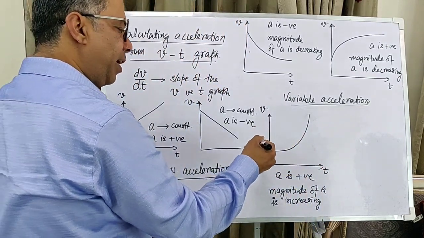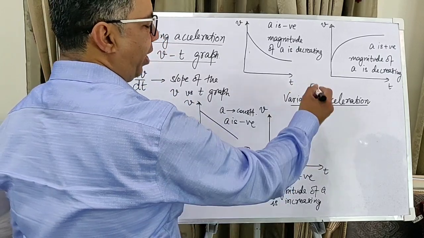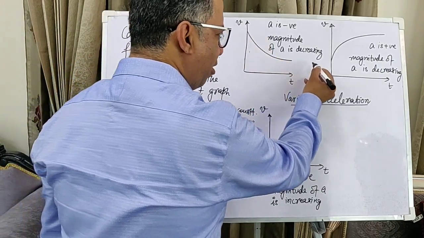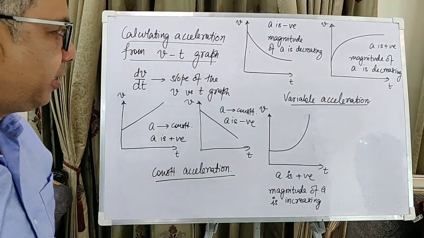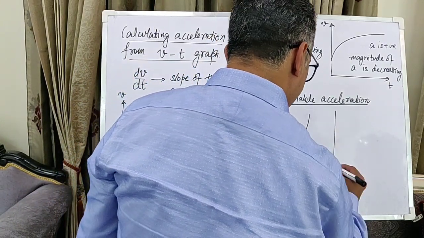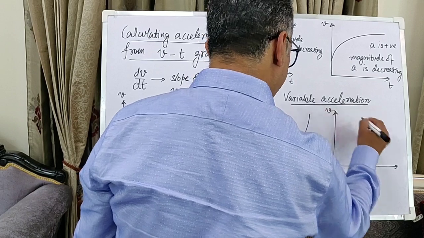So graphs which are getting more and more vertical are those where acceleration increases, and graphs which become more and more horizontal, acceleration is decreasing. So have a look at a case where acceleration is negative.